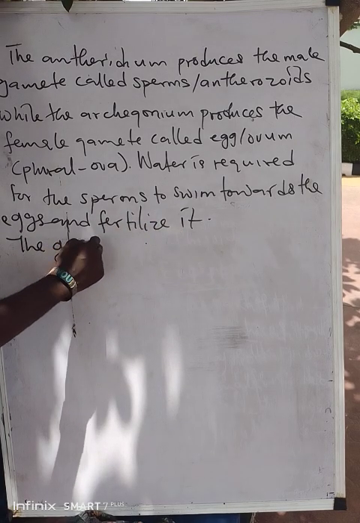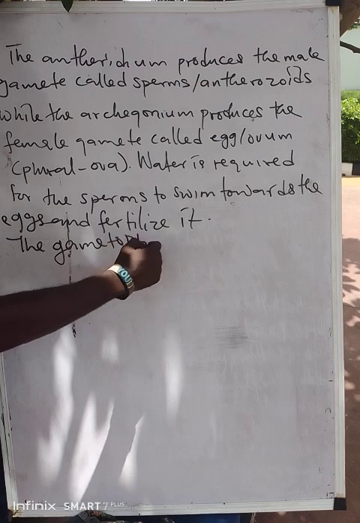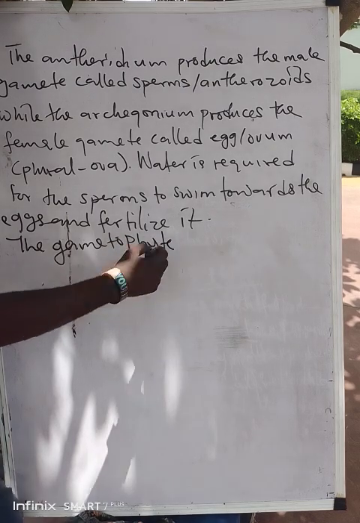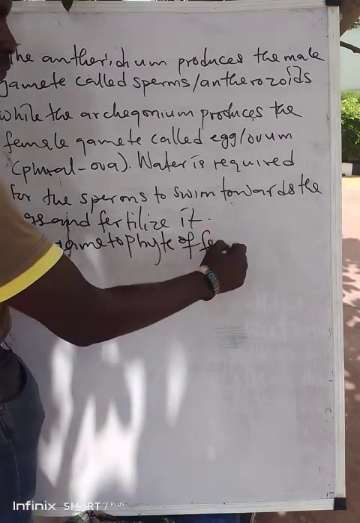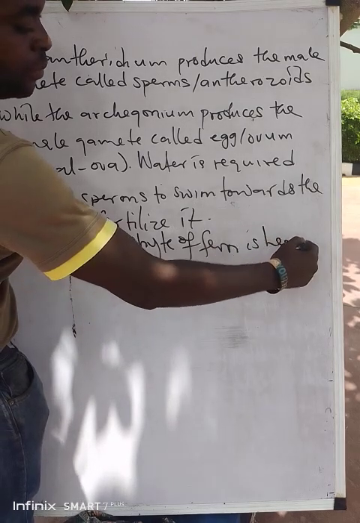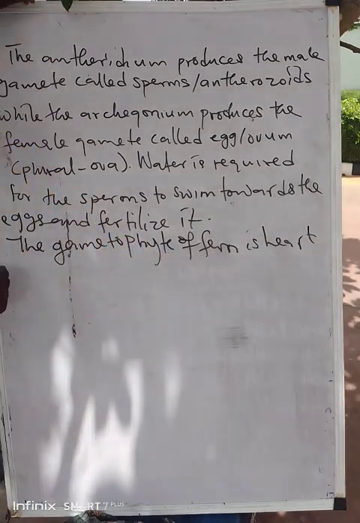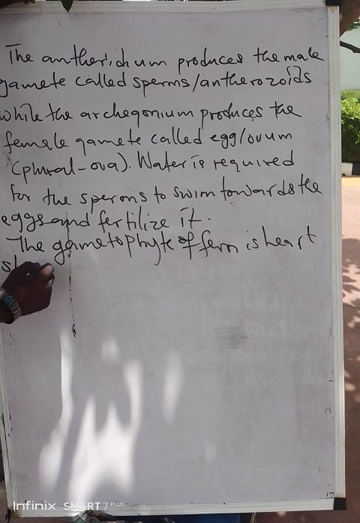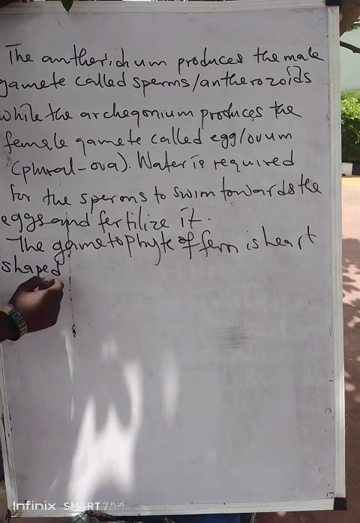So we have the gametophyte. The gametophyte of fern is heart-shaped. That's the shape of heart. It's heart-shaped.